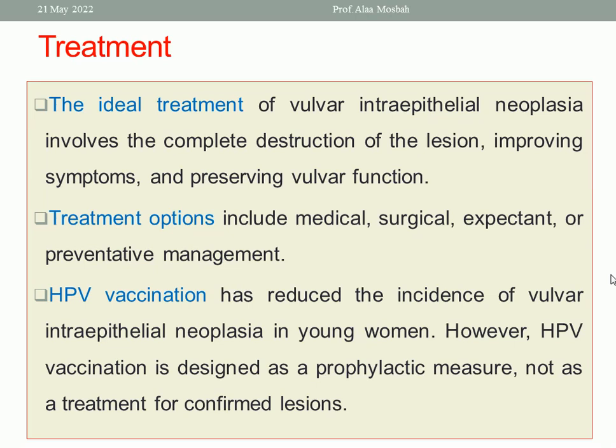We can consider human papillomavirus vaccination as a preventive management because it protects from human papillomavirus, which is a risk factor in the case of vulvar intraepithelial neoplasia. Which type? The usual type, which occurs in younger age. Okay?